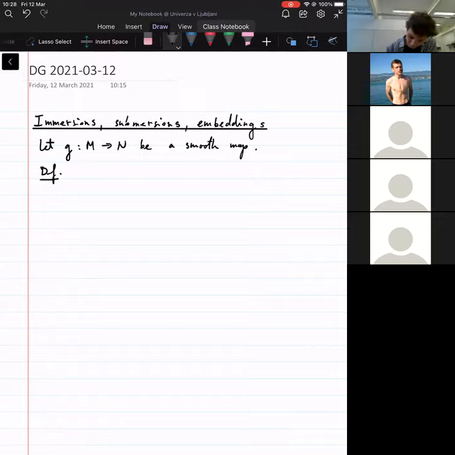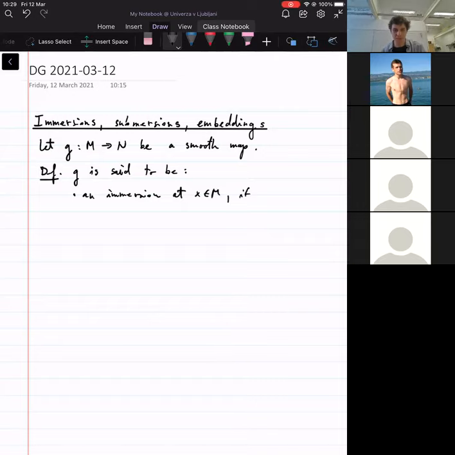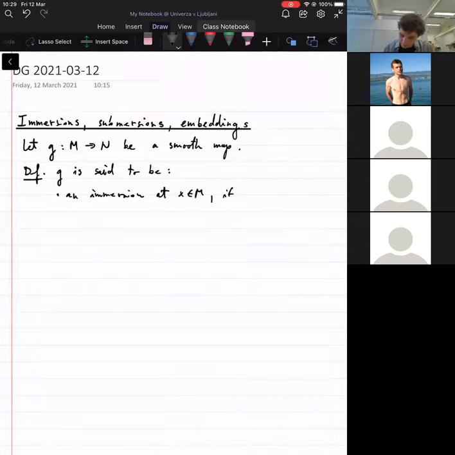So G is said to be an immersion at point X if what holds? The derivative is injective.